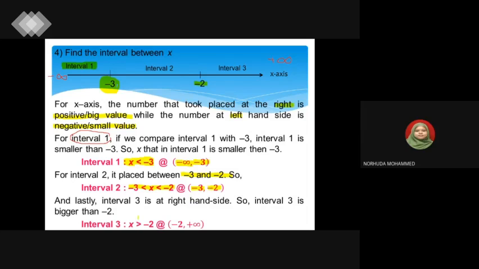And lastly, interval 3 is at the right hand side, meaning x in interval 3 is bigger than negative 2. In bracket form, negative 2 is the smallest, the biggest is positive infinity.